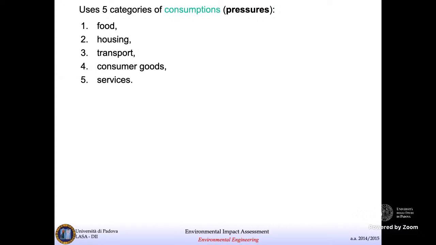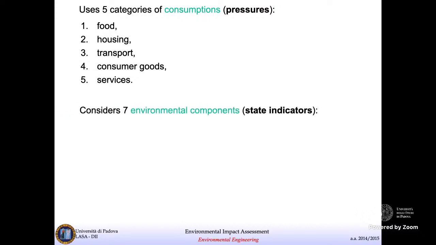Typically, in this evaluation there are 5 categories of consumption, but they may be considered in our language as pressures. For example, need for food, need for housing, need for transport, need for consumer goods and services.